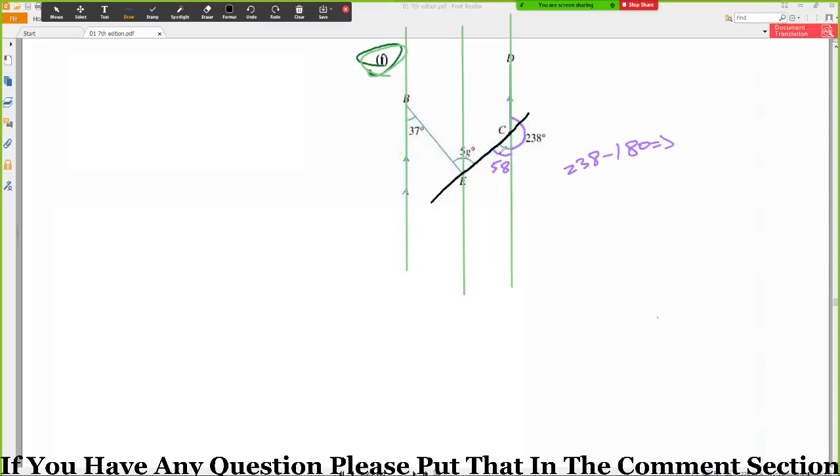Okay, this is 58, so this angle which is the alternate angle, दोनों देख लो, alternate है एक दूसरे के, so this angle will also be equal to 58. Got it?